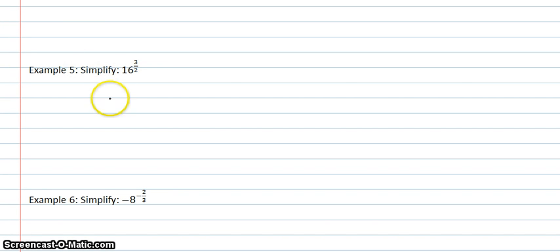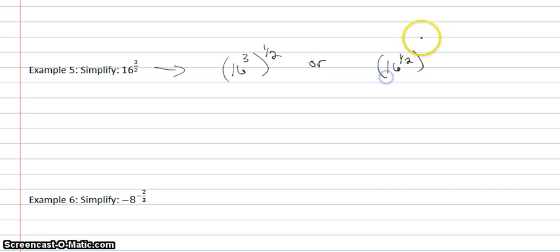Okay, in the next example, you notice that we have a number other than 1 on top of the fraction. So there are a couple different ways we can split this up. So I could say that 16 cubed taken to the 1/2 power, or I could say 16 to the 1/2 taken to the 3rd power, or cubed.